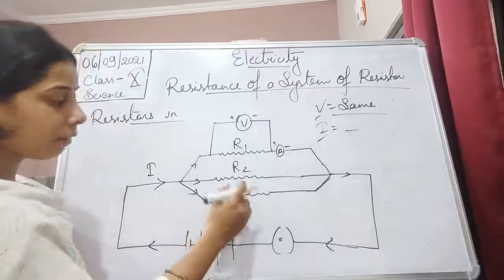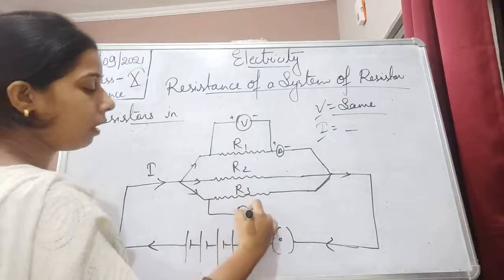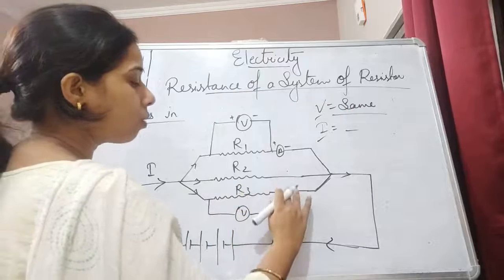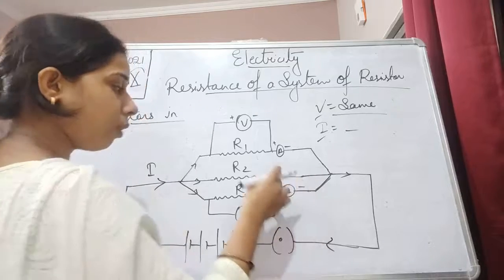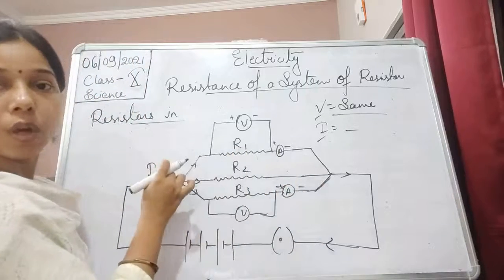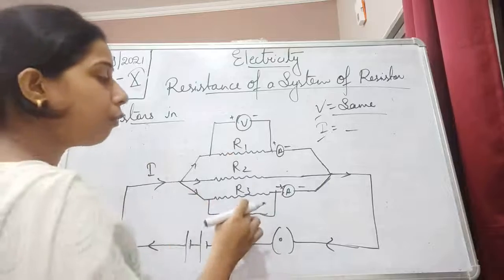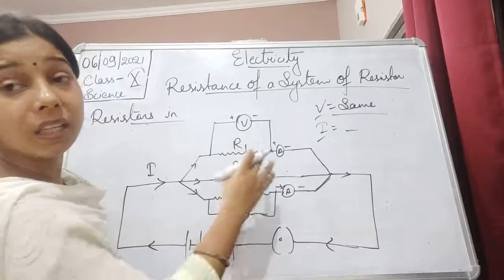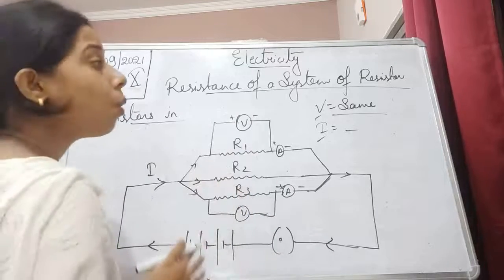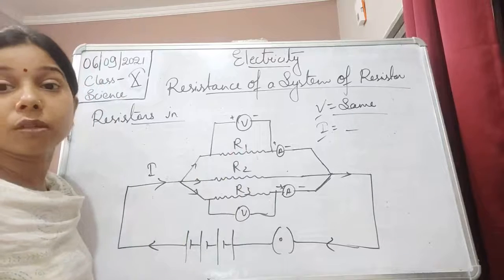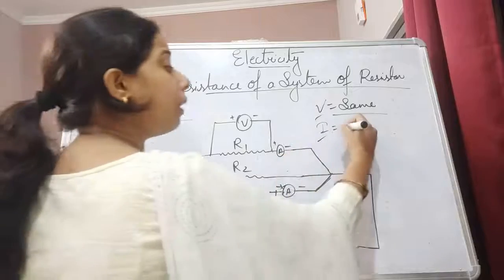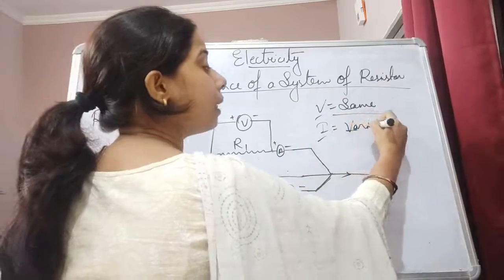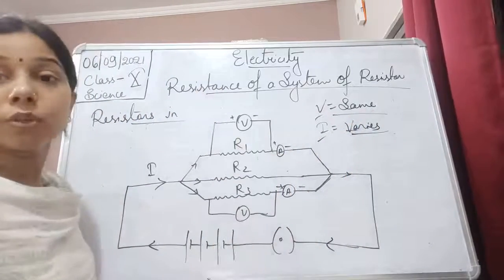We will also add an ammeter in it. So the current and the voltage can be found for each of the resistors. What is the result that came out through the circuit? We find out that the voltage remains the same, but the current every time varies, it changes, it is not similar to each other.